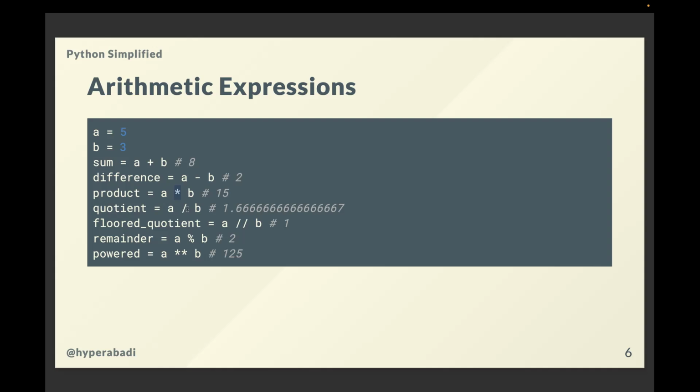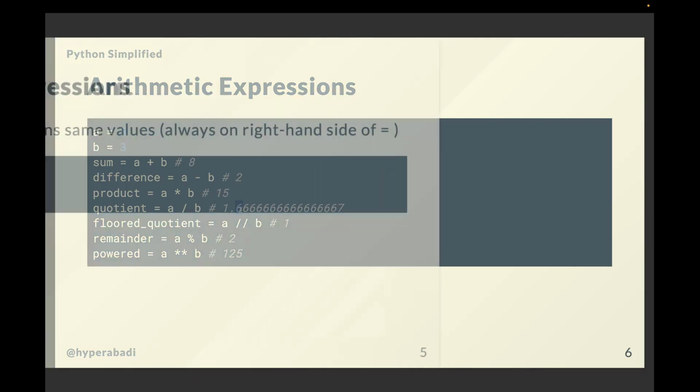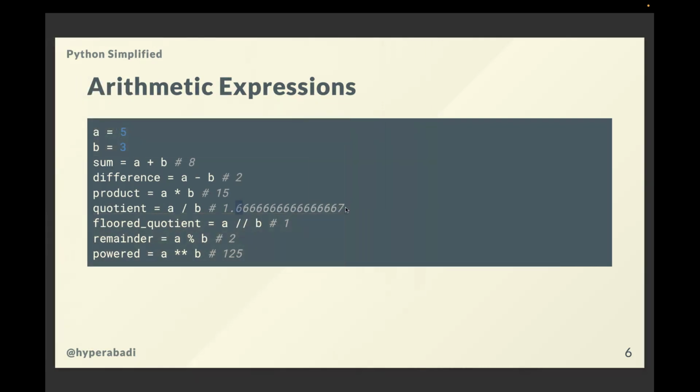To compute the quotient, you can say a over b, slash. This is going to give you a floating point number, because it is going to divide 5 over 3, and as you can see, computers are very good at maintaining precision, so it is going to give you this much precision.